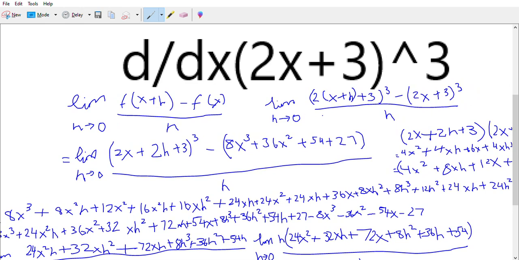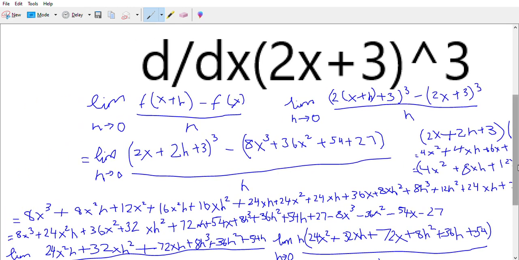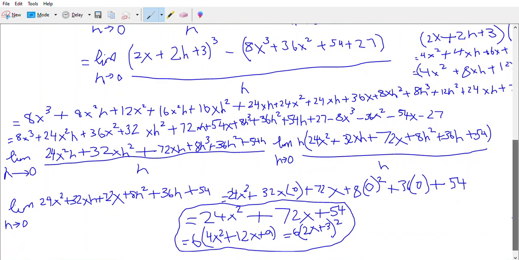Showed the limit definition, showed what I'm gonna do, did some side work here, distributed everything out, combined all the like terms, and then took out an h, distributed every other term after removing an h, and canceling out the h, remaining components in the numerator, just substituted 0 in for h, wherever h was remaining, put in 0, which eliminated all the remaining terms, and at the end ended up with 24x squared plus 72x plus 54.